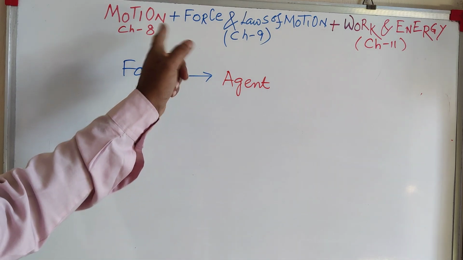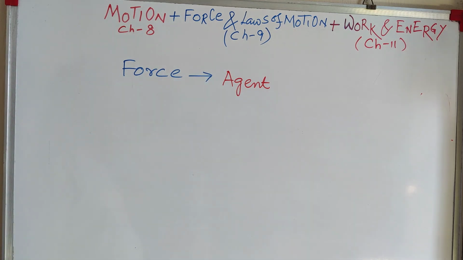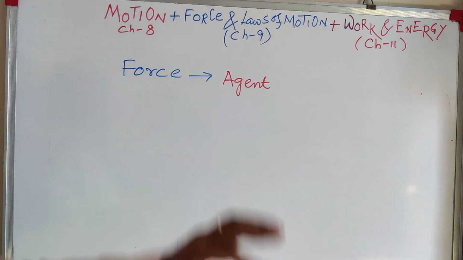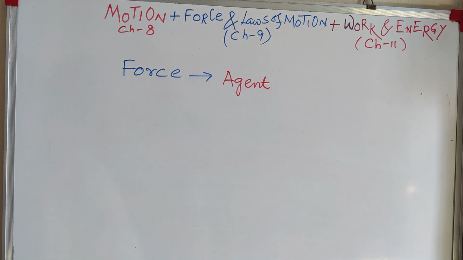So we are moving to chapter number 9, that is Force and Laws of Motion. When we are going to define force, the first law of motion comes into the picture.